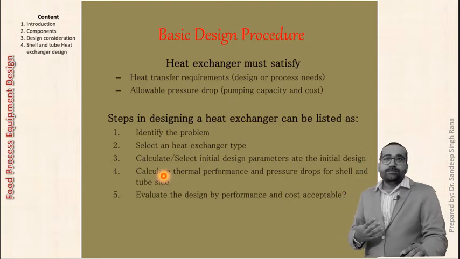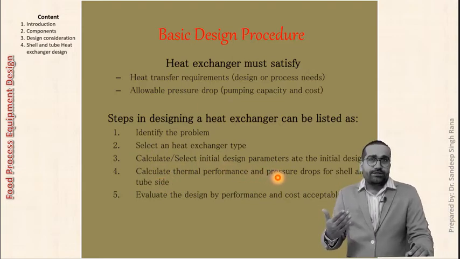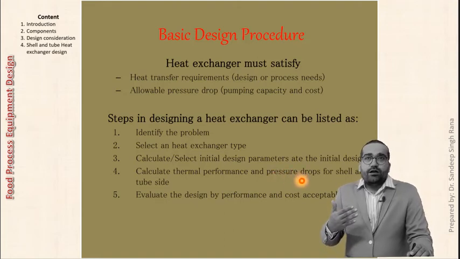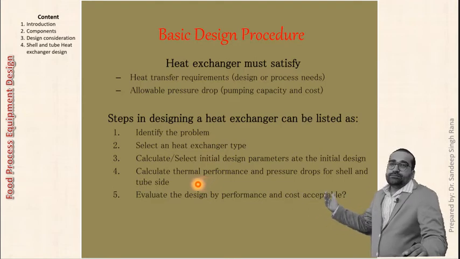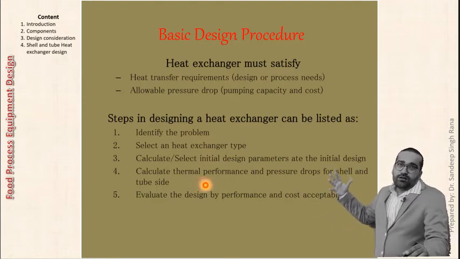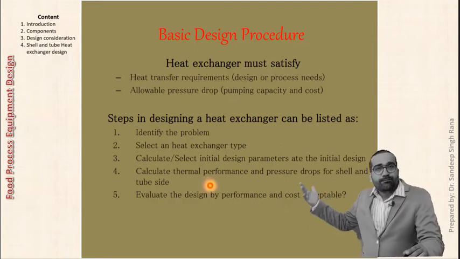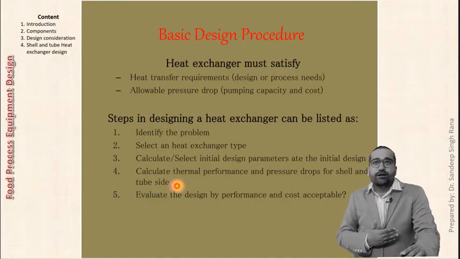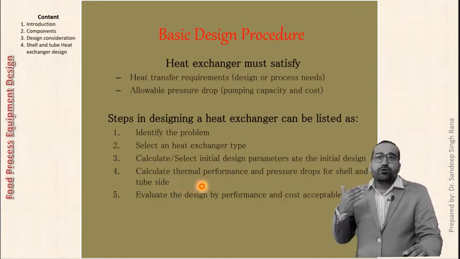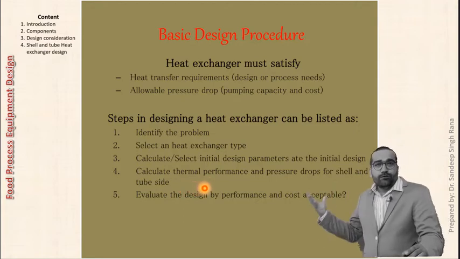So next one is calculate the initial design parameters. So initial design parameters are like how much heat load it should generate, how much inlet temperature should be, how much outlet temperature should be, that we have to calculate. After that, we have to calculate the thermal performance.